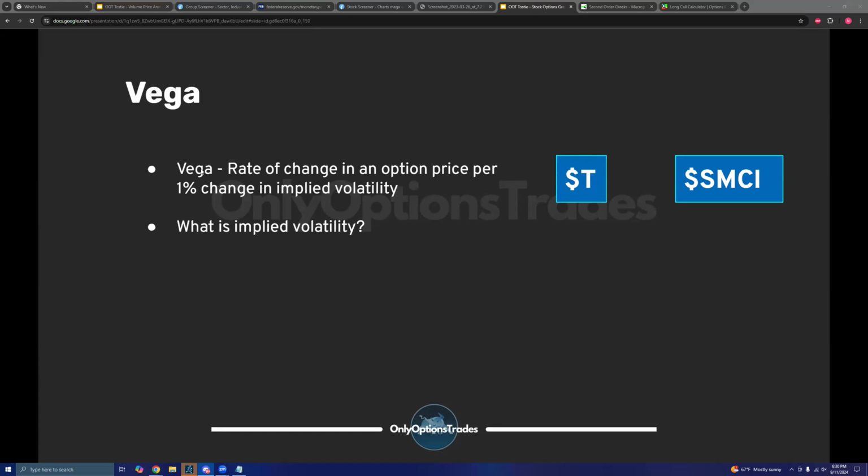T will move 10, 20, 30, 40 cents in a typical week, which represents about 1 to 5% of the stock price, whereas in the past, SMCI was moving 10 to 50% in a week. You can see the difference pretty easily, right? SMCI is significantly more volatile than AT&T.